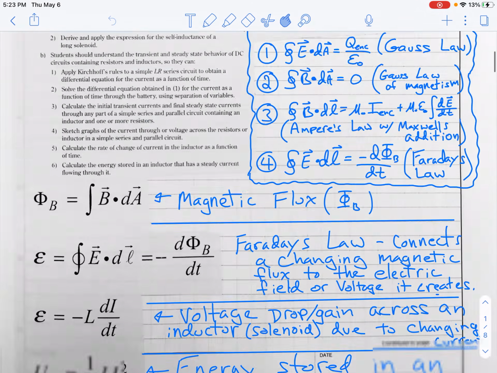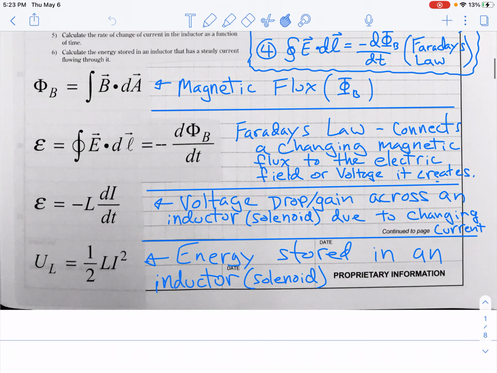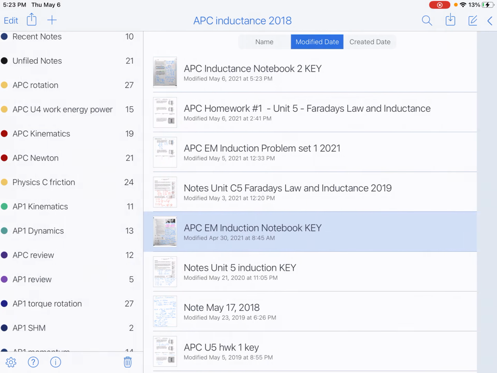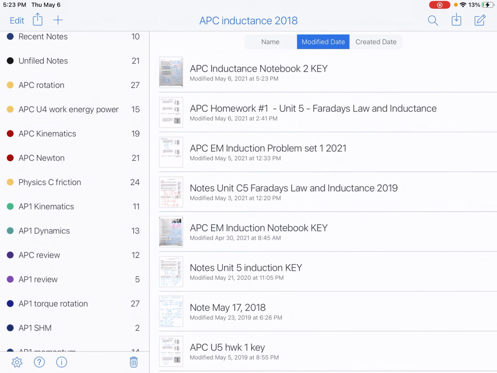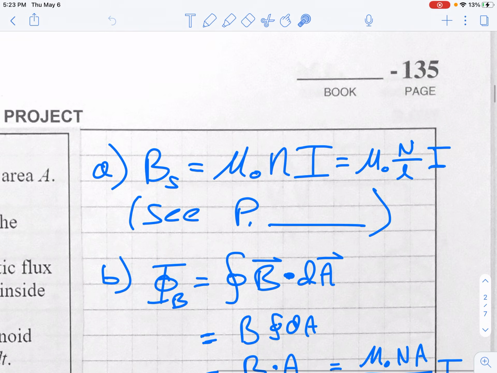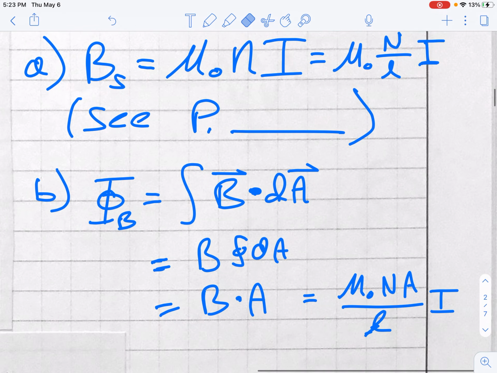On the actual equations here, yeah, my mistake. There should not be a closed integral there. The closed integral of B dot dA would be 0 because there are no magnetic monopoles. This should not be there. And I'll get rid of the next one as well.